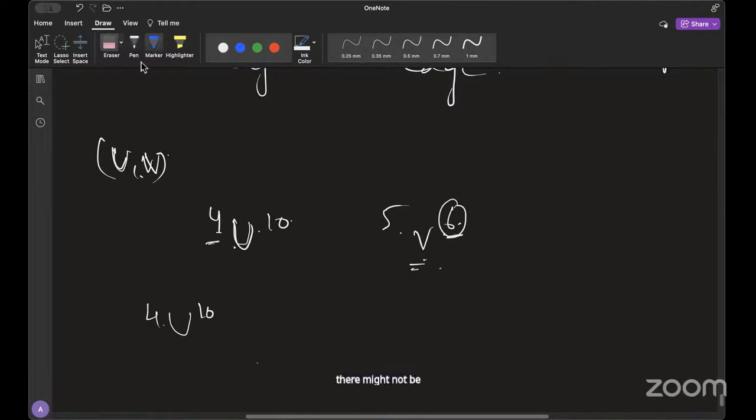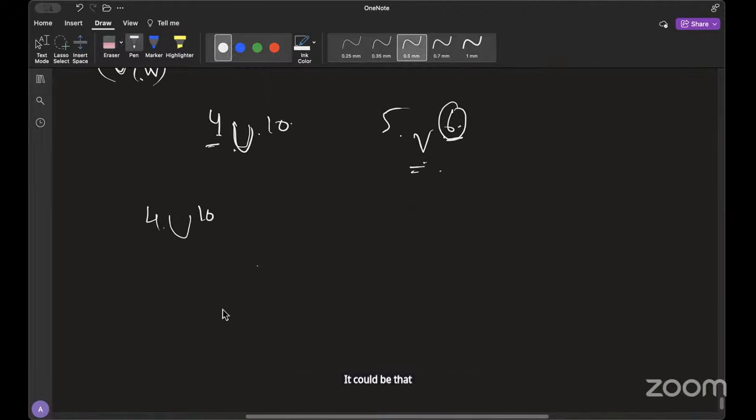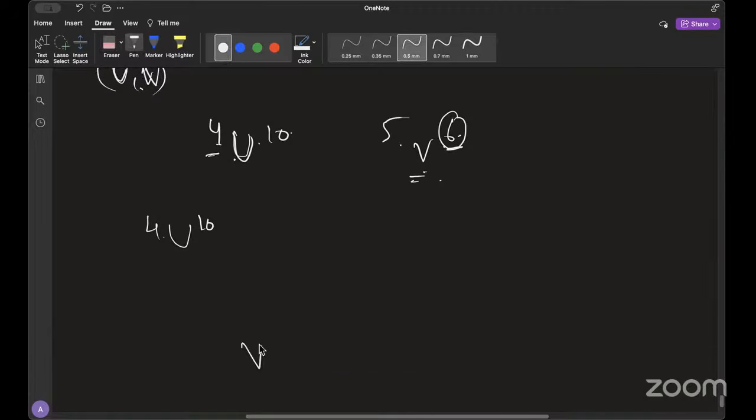There might not be a direct edge in the tree. It could be that you have this and it's somewhere here. It got visited via some other edge. So your tree might be something like this. B and something W here, or maybe W1. So you'll have a number 5 here.